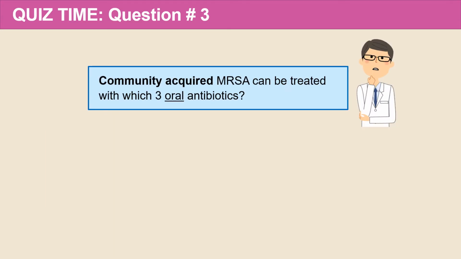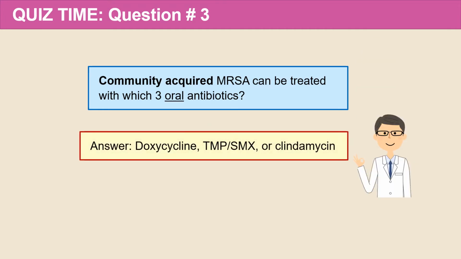Question 3. Community-acquired MRSA can be treated with which 3 oral antibiotics? The answer is doxycycline, trimethoprim sulfamethoxazole, or clindamycin.